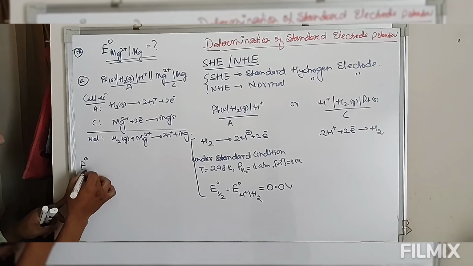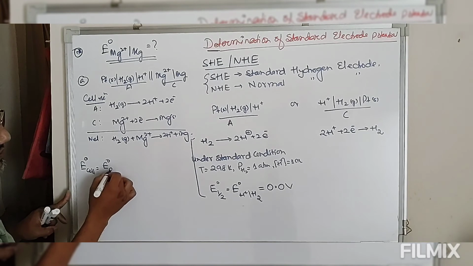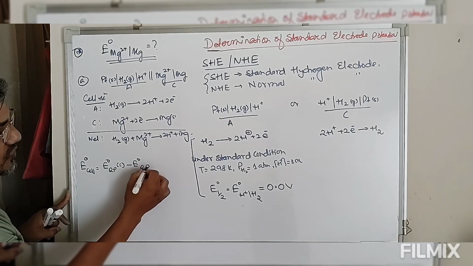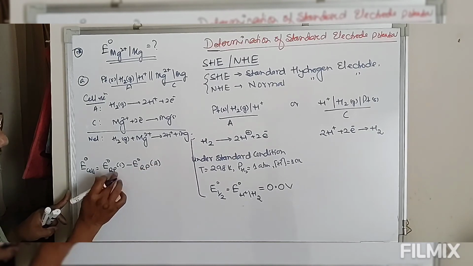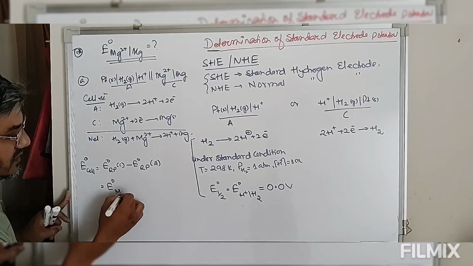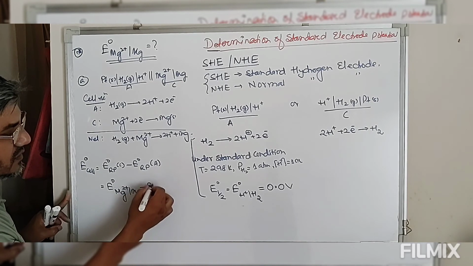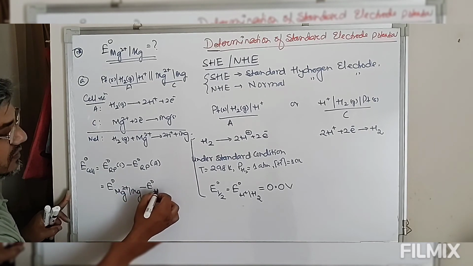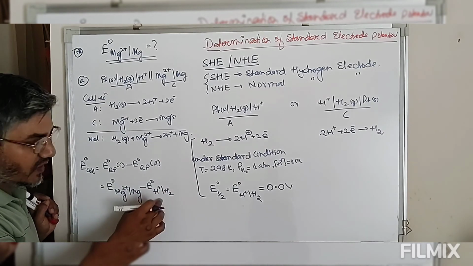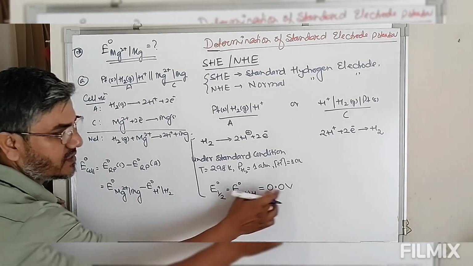Standard potential of the cell is equal to standard reduction potential of cathode minus standard reduction potential of anode. Cathode is the magnesium ion, so E naught Mg2 plus to Mg minus E naught H plus to H2. Now we have defined this value. The standard reduction potential of hydrogen is always assigned a value of 0.